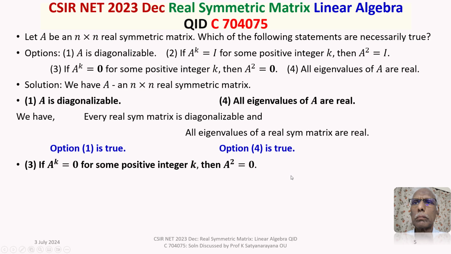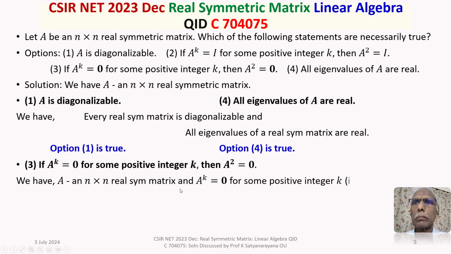First of all, we have A is an n by n real symmetric matrix, and it is given A power k is equal to 0 for some positive integer k. That means A is a nilpotent matrix. Thus, A is an n by n real symmetric nilpotent matrix.